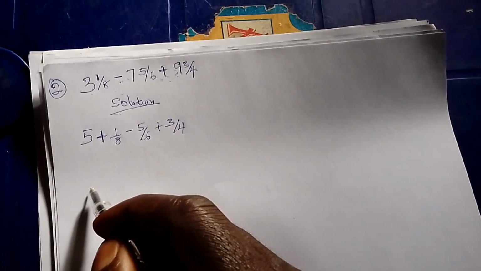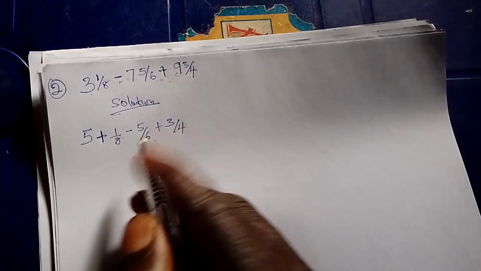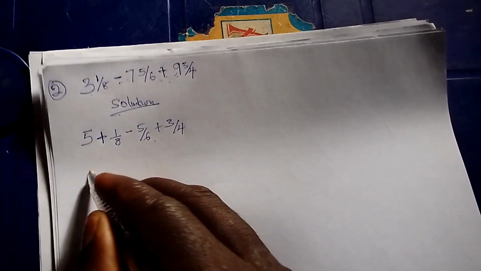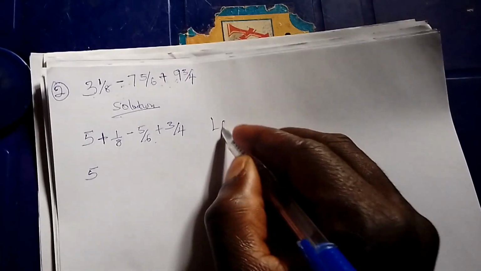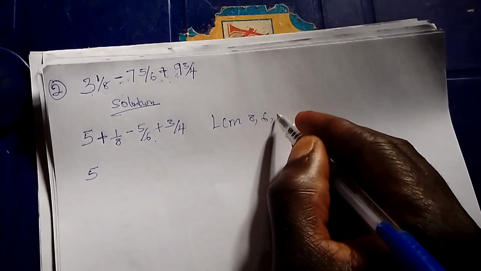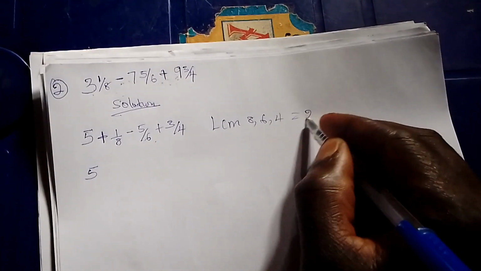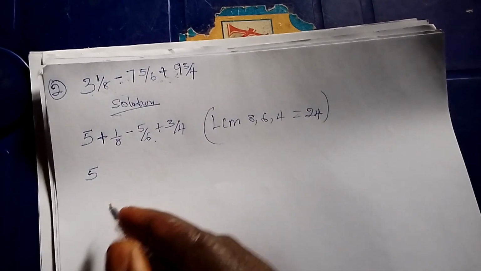The next step is, what is the LCM of 8, 6, and 4? Which you know that the LCM of 8, 6, and 4 is equal to what? 24. So this is the LCM.